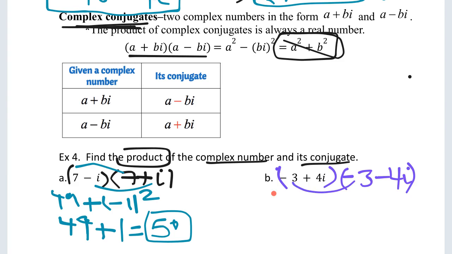Negative 3 times negative 3 is 9. Negative 4 times negative 4 is 16, but since it's squared, it's positive 16, so 25.